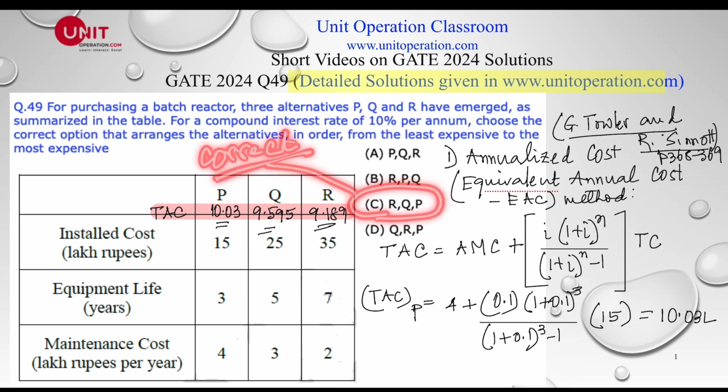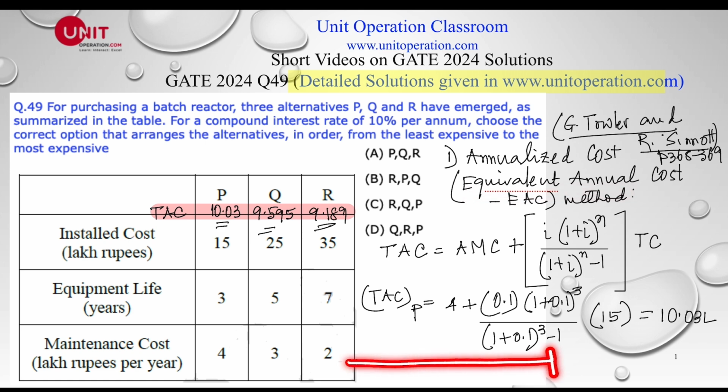Now, what is the basic idea behind this annualized cost? What it does, it actually takes the project cost and the maintenance cost and divides equally for each year along the project cost. So this is for let's say 1, and this is 2, and 3.